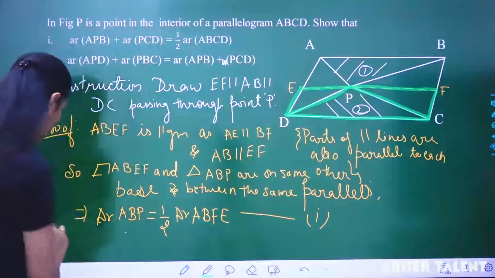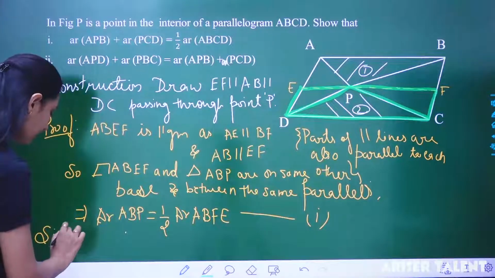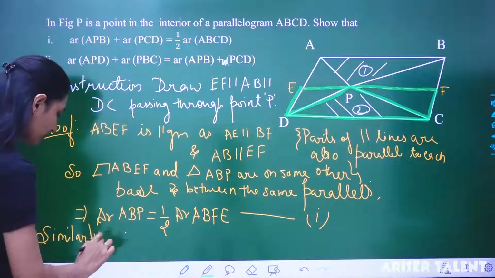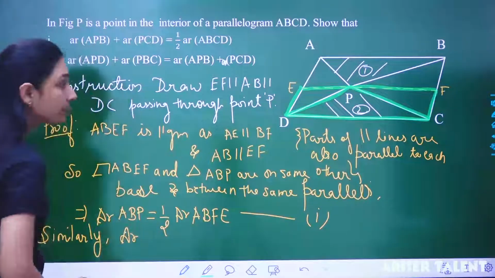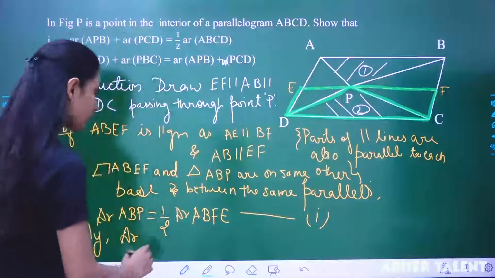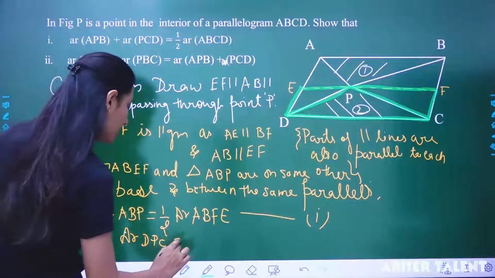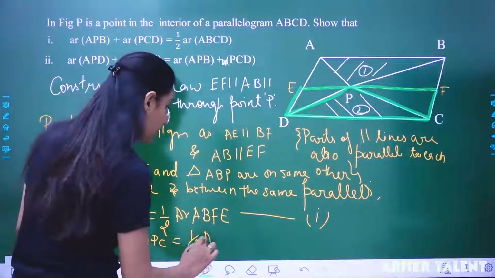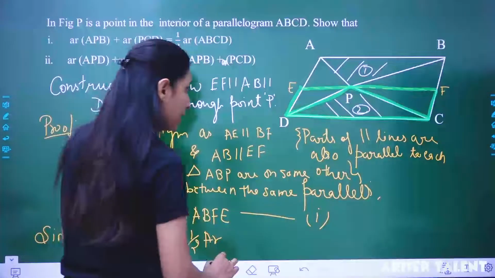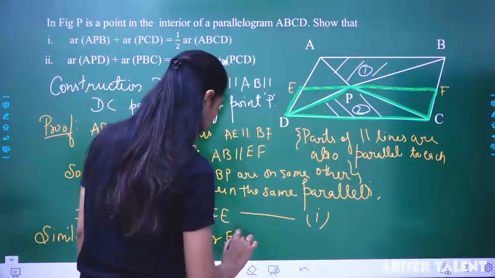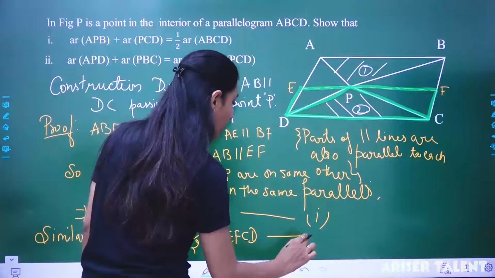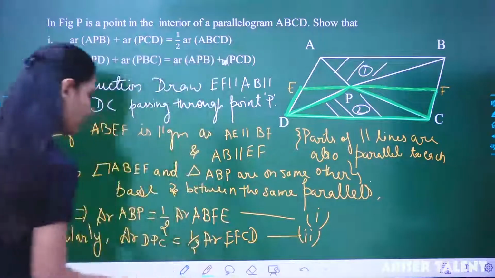Similarly, area of triangle DPC is equal to half area EFCD. Okay, so this is the second one.